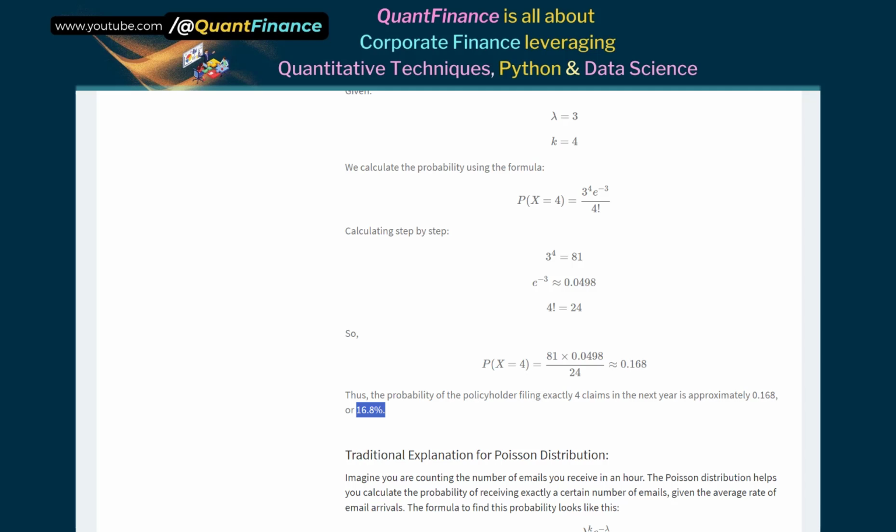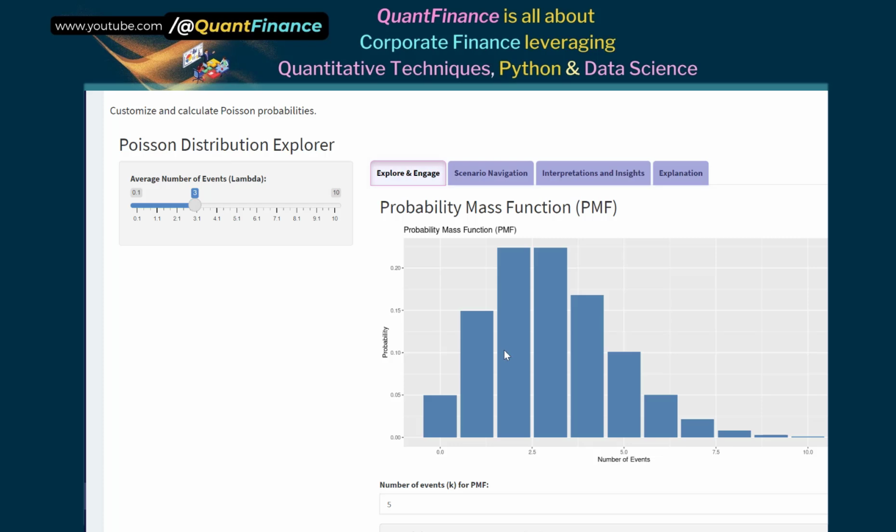So this is a very interesting distribution, and here we have done these calculations. When lambda is 3 and the number of events is 5, then the probability of exactly 5 events is 0.1008.